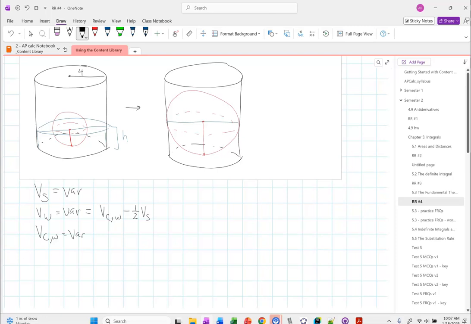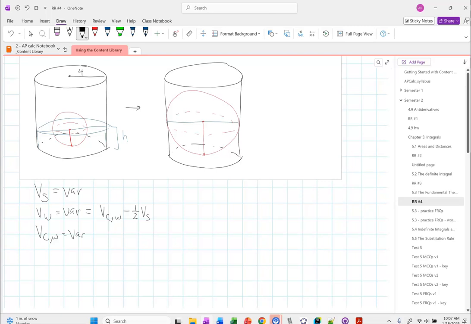Gotcha. Is it the displacement of the water, or is it the water that's missing, or the water around? Which is it representing? So the volume of the water is the amount of water in the tank. Now the shape of that water is going to be like a cylinder with a hemisphere cut out from it, right? The volume of the cylinder of water is imagining if the sphere wasn't there.